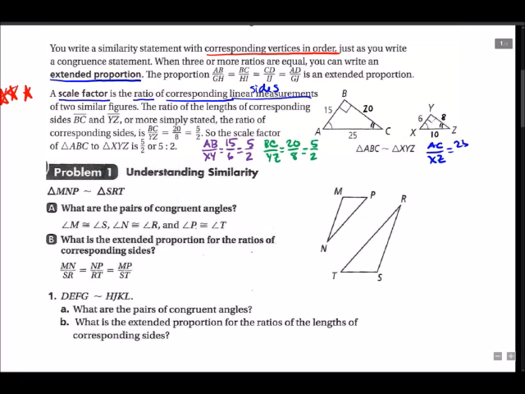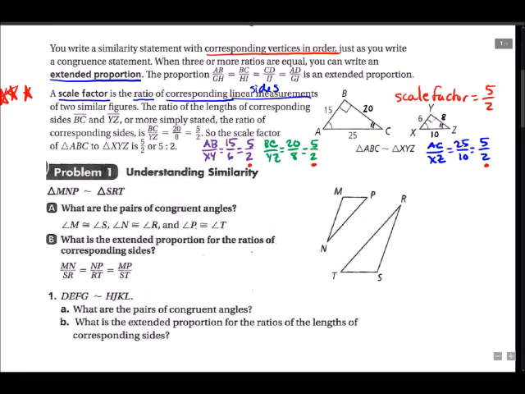That's 25 to 10. Divide both by 5, 5/2. Notice how all of our corresponding sides have a 5:2 ratio. This gives us a scale factor of 5:2.